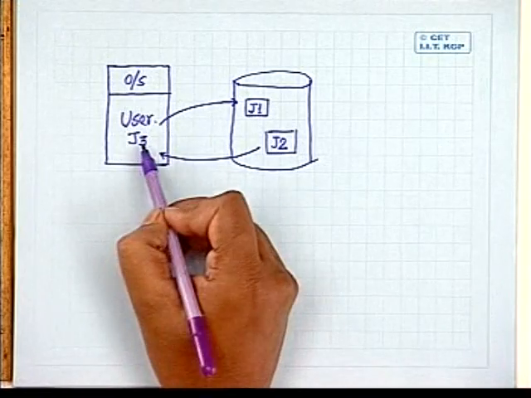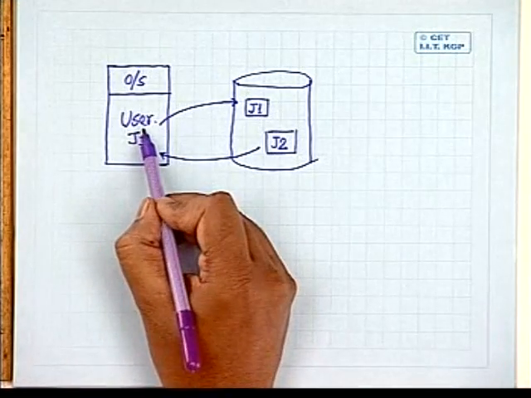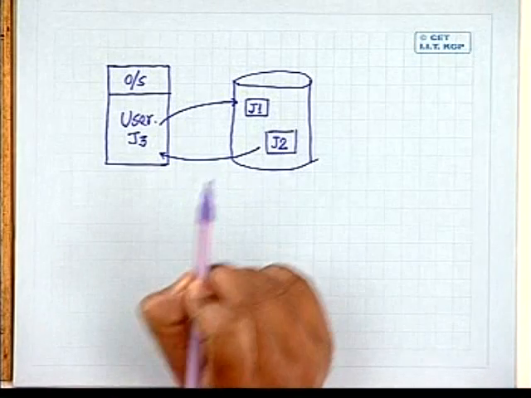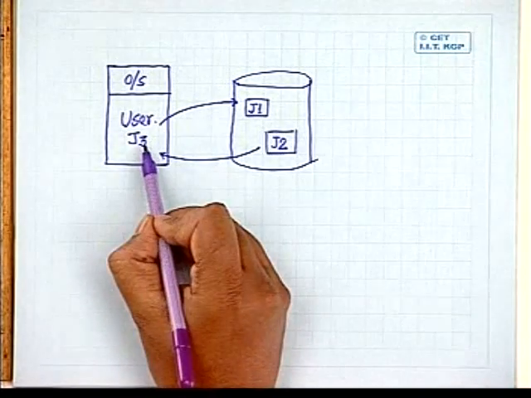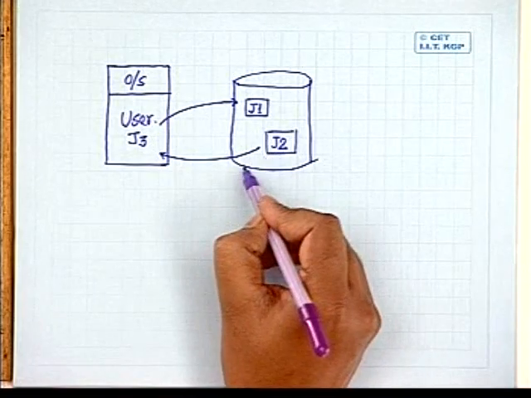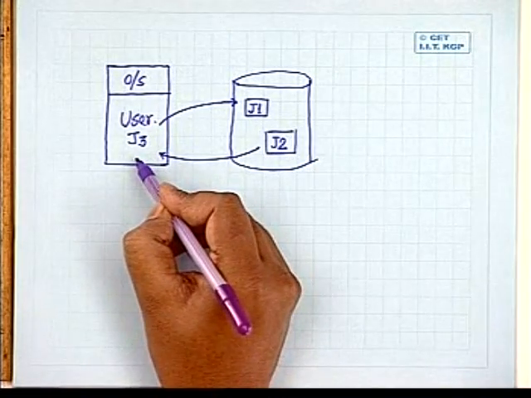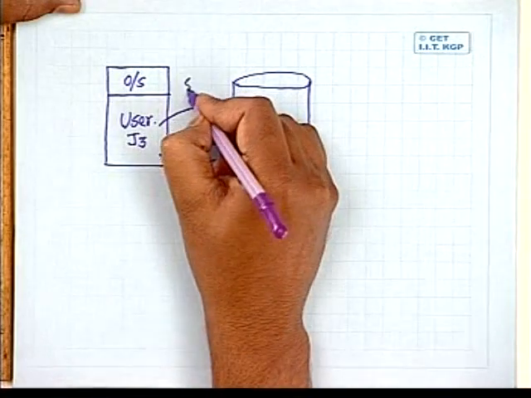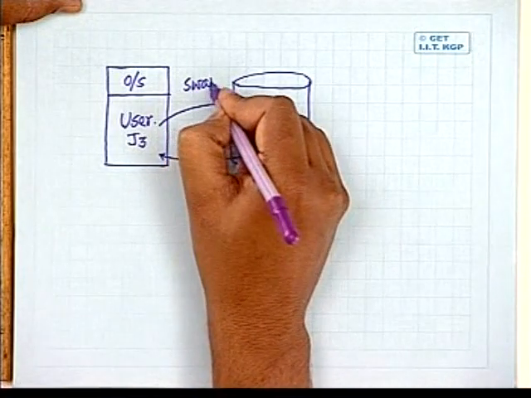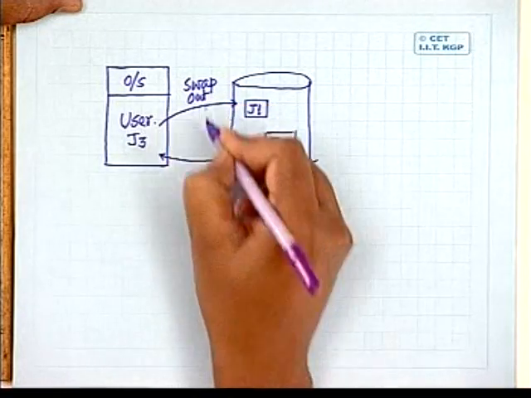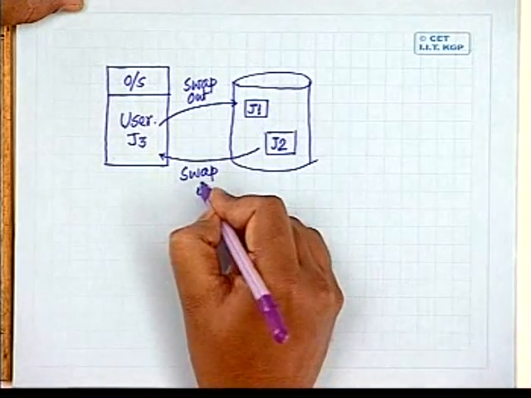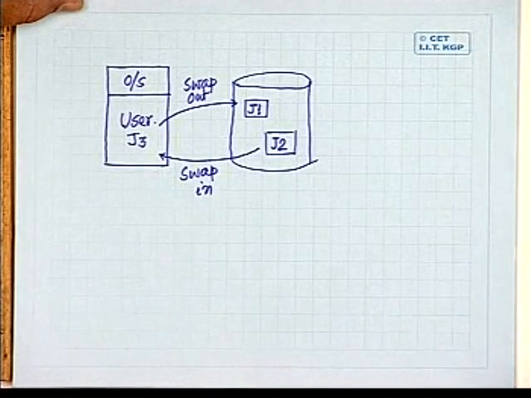If it is not modified, a copy of it already exists on the secondary storage, so I need not write it back. I can simply overwrite it with the new user program that comes from the secondary storage. So this is called a swap out operation, and this is called a swap in operation.